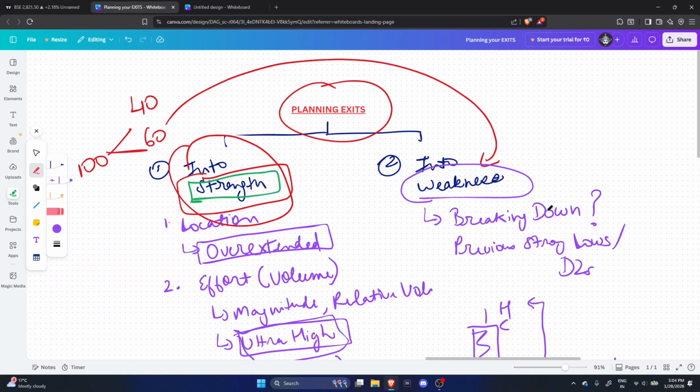So once you see that buying climax, you are waiting. Maybe the stock will come down, maybe the stock won't. We don't know. We are not predicting the market. We are just following the rules. When we see a buying climax, we are taking a partial. When we see the stock is breaking down our previous structure lows, we are booking the remaining.